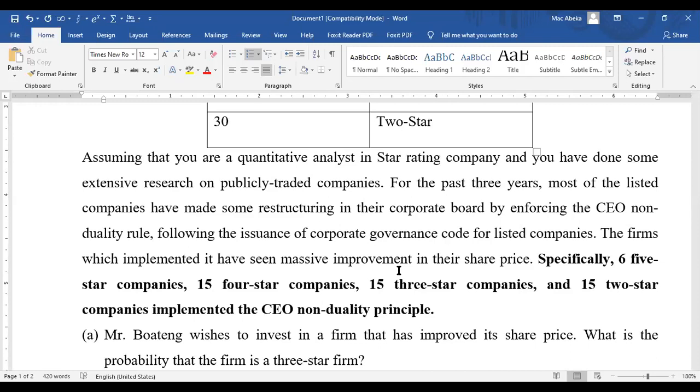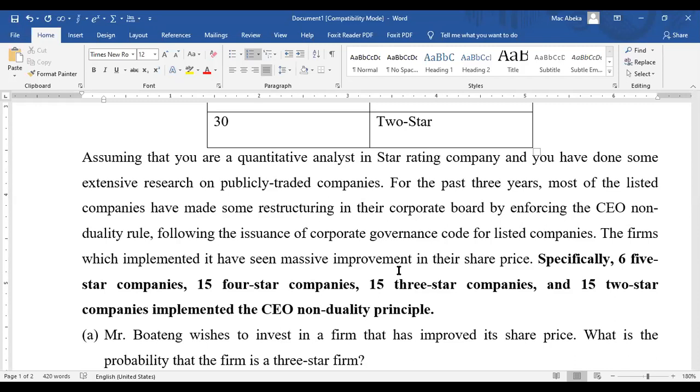Now here, we see that the firms that have implemented it have increased their share price. So in essence, in this question, any firm that has implemented the CEO non-duality rule is synonymous to a firm that has increased the share price. So it's just a play of words. Anytime you hear implementing CEO non-duality, it is synonymous to saying increasing share price, okay?